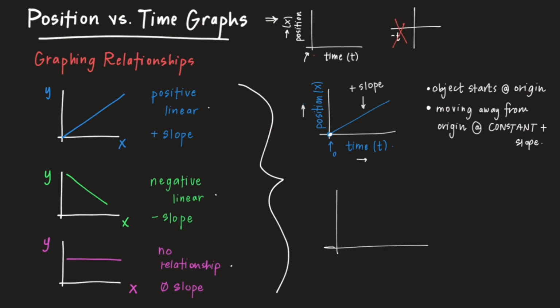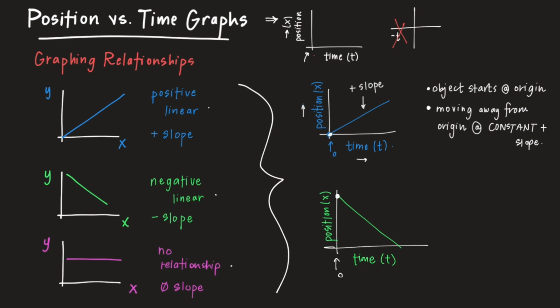So for a negative linear relationship, something that looks like that, again, we have position on our y-axis and time on our x-axis. Now, considering when time is equal to 0, where is our object starting? Well, when the clock starts, our object is not at the origin.